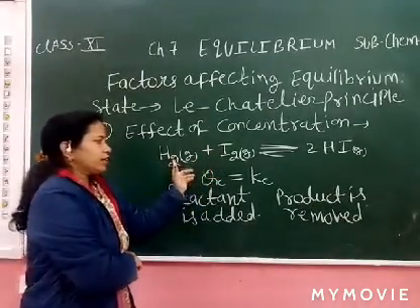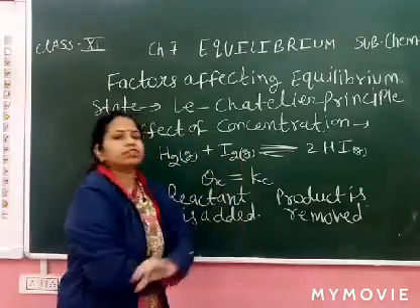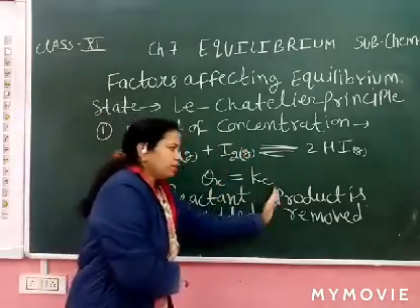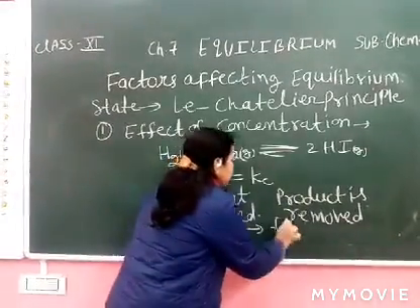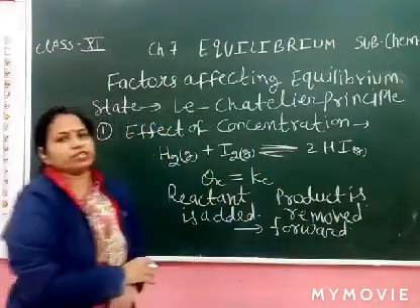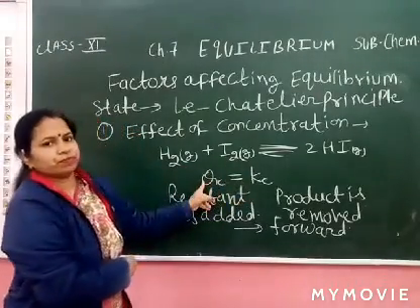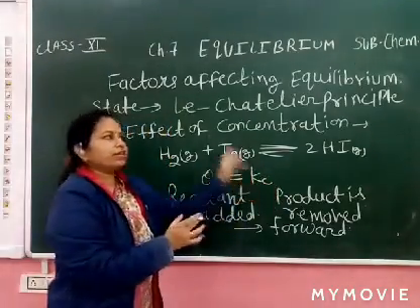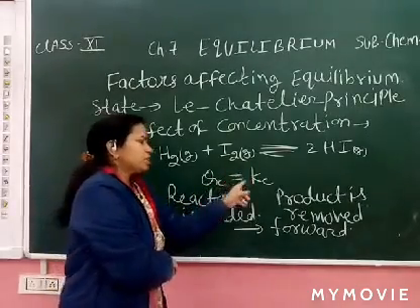When we increase the reactant, then Qc decreases and the reaction goes in the forward direction. When we remove the product, then the direction of the equation is backward. I already explained this point, so don't confuse between Kc and Qc. When Kc is greater than Qc, the reaction goes in the forward direction.